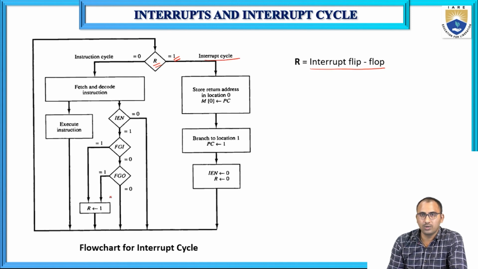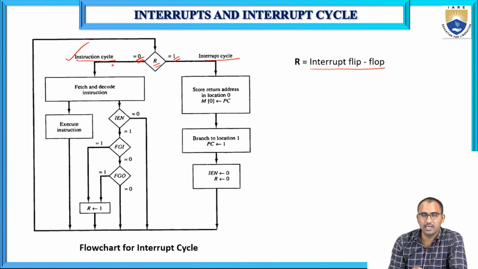If R is equal to 0, that means the interrupt has not occurred, so we have to execute the instruction cycle.